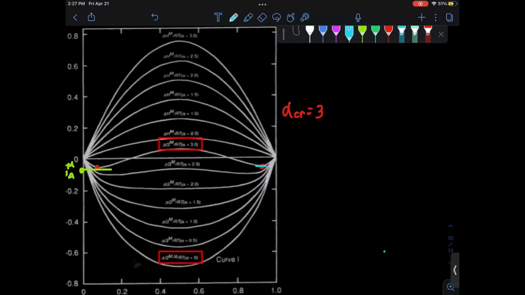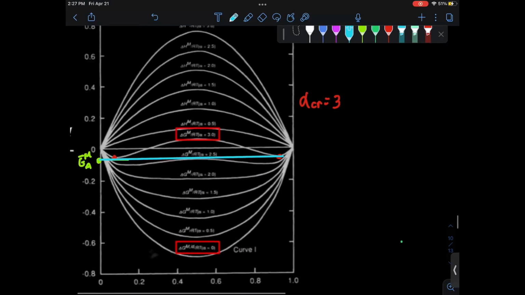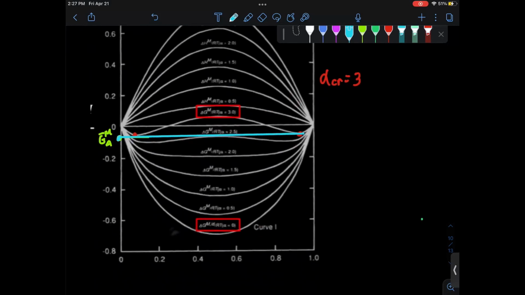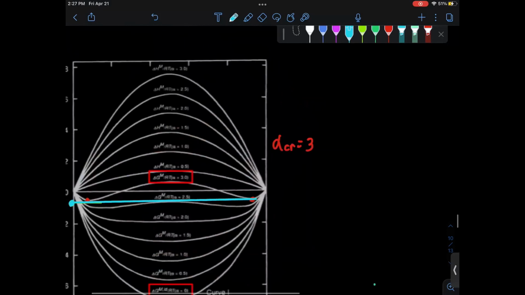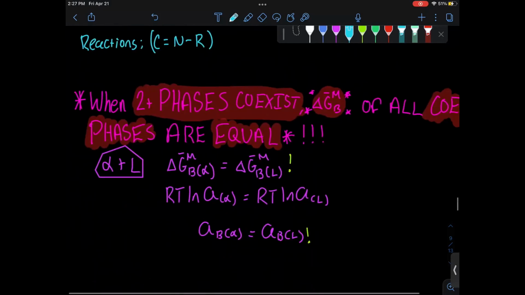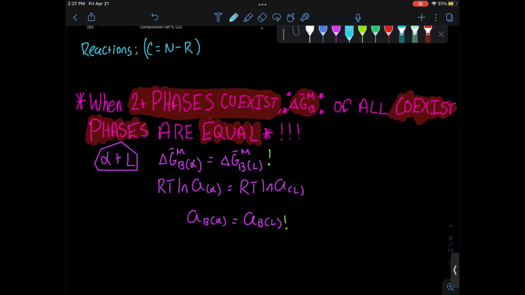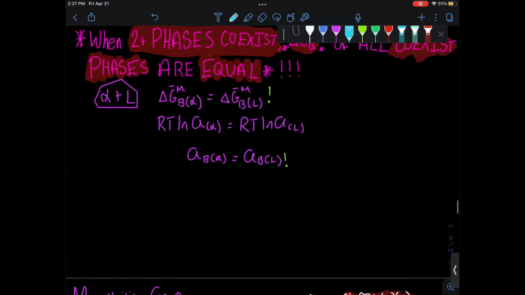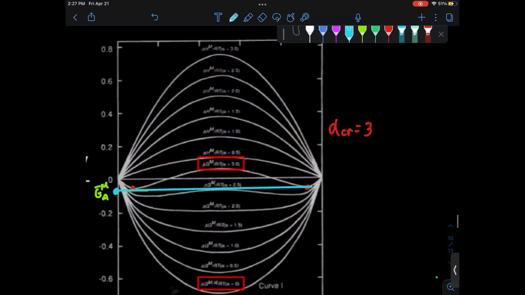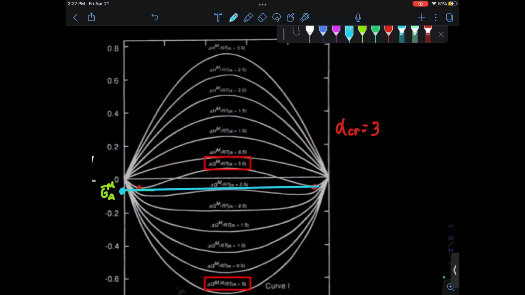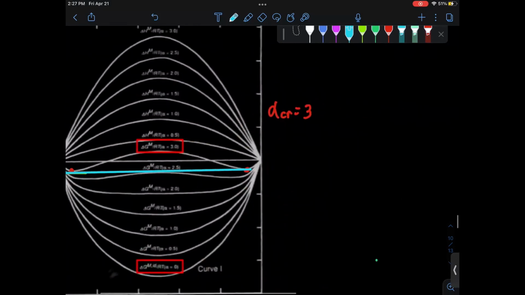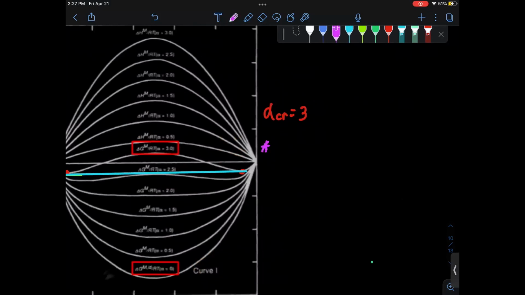Let's see at this point what our partial molar Gibbs free energy of A is. Well, wouldn't you know? It's the same thing. And what did we just say right up here? When 2 phases coexist, their partial molar Gibbs free energies are equal. What happened down here? We had 2 partial molar Gibbs free energies that are equal. So what can we say here?